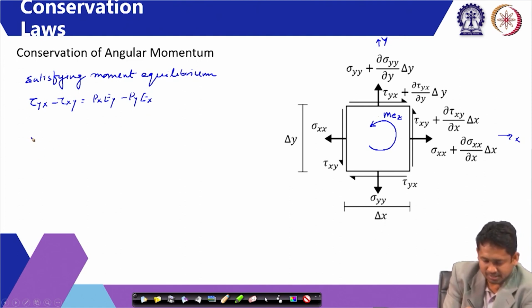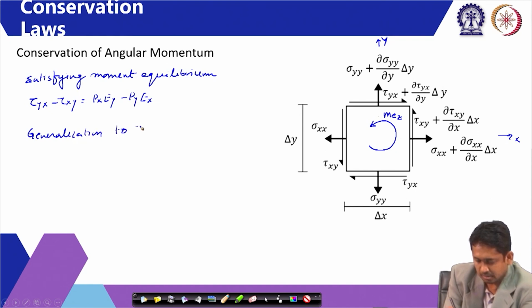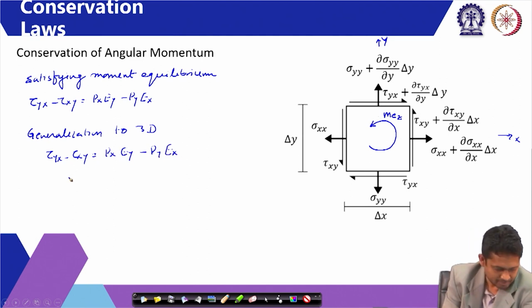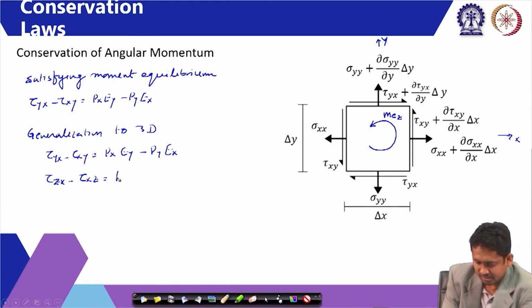Now, if I generalize it to 3D, we get 3 such equations, and those equations are the first equation itself that we wrote, and then we have tau zx minus tau xz is px.